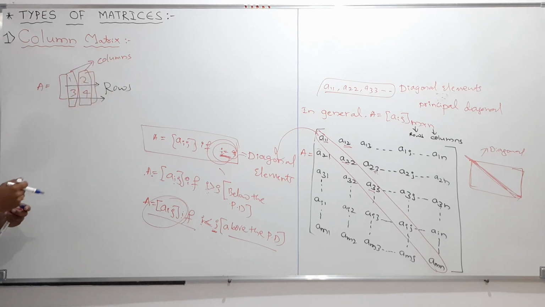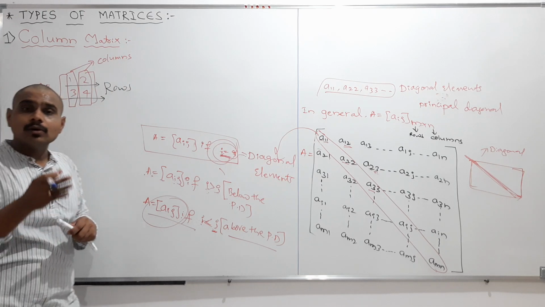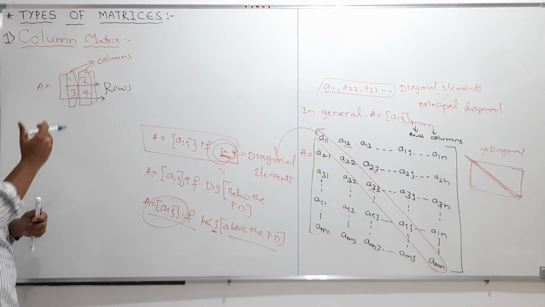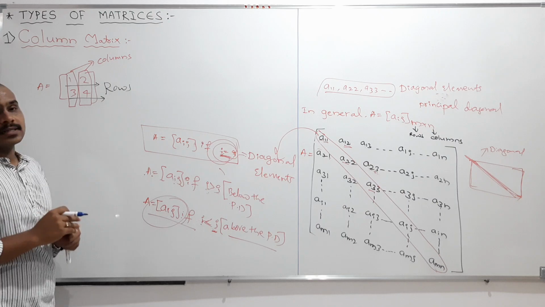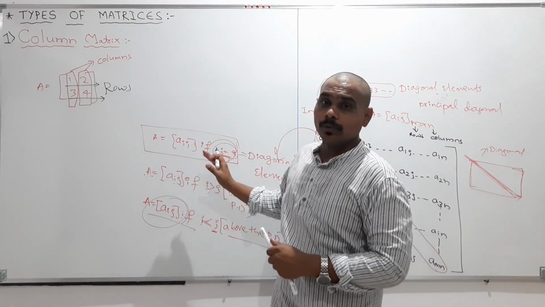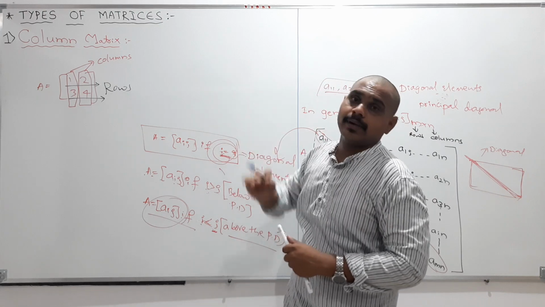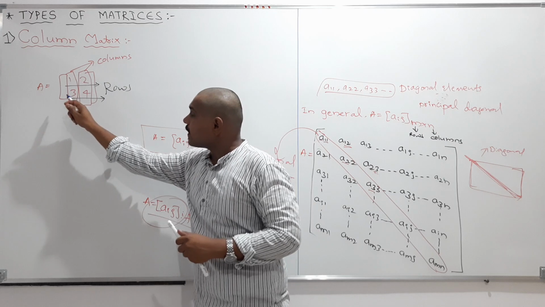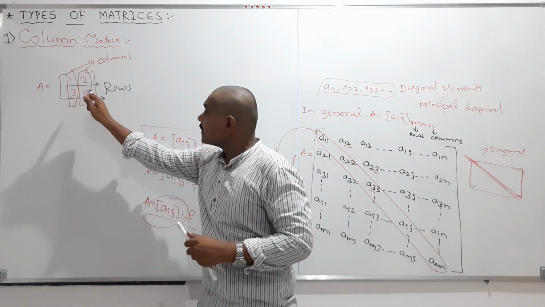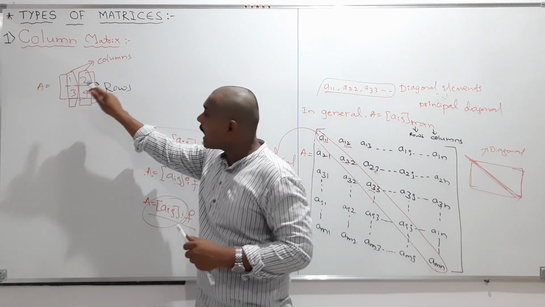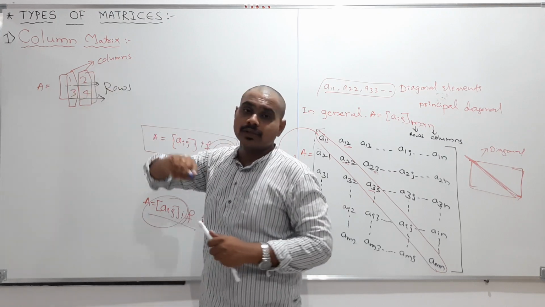So this information is very very important, because if you know what is meant by columns and what is meant by rows, then only we can understand easily the types of the matrices. So these are all the basic things just to understand the types of matrices. For that reason I am explaining all this. Yes, my dear students, if I have any matrix here it is, so the horizontal line constitute the rows and the vertical line constitute the columns.